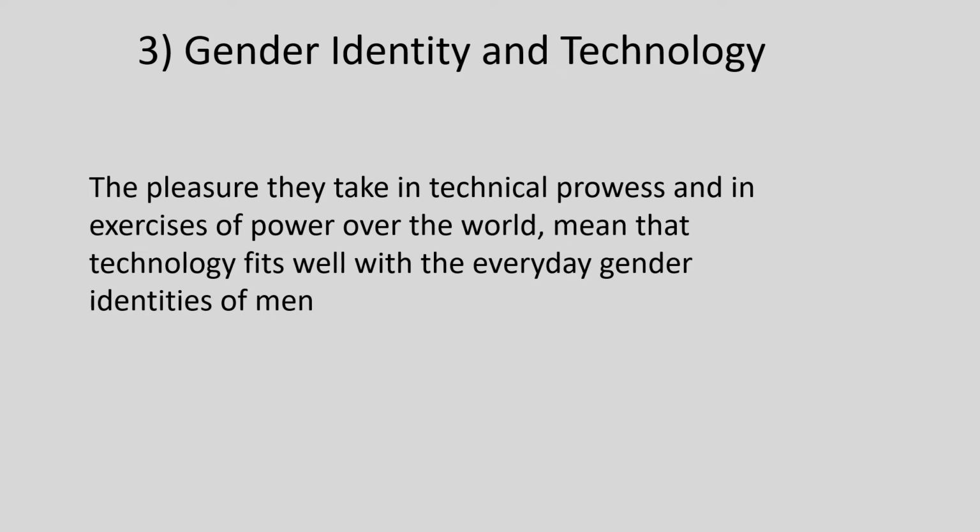So here it's not part of the technology itself, but part of its social symbolism, that it appeals to features of men's identities that go well with the way the technology is designed to function.